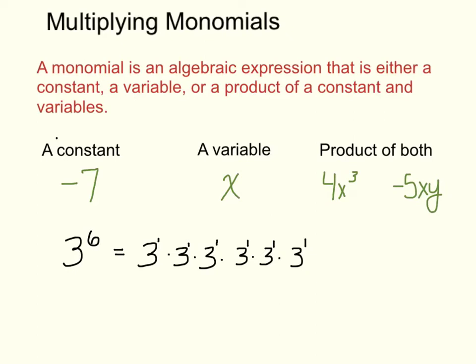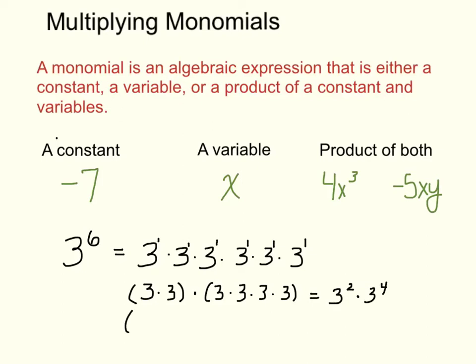I can rewrite this as 3 times 3, and then times 3 times 3 times 3 times 3. I still have six 3's, and I'm still going to get the same answer. But I wrote it as 3 squared times 3 to the 4th.